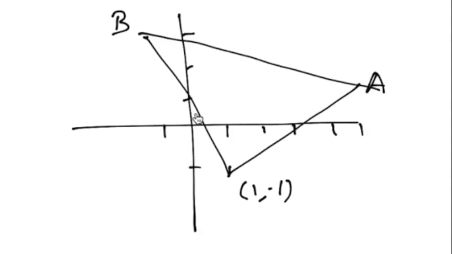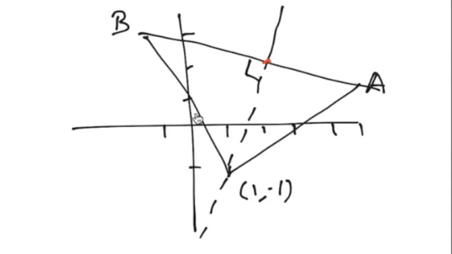We know that the midpoint of A and B is also on this line, because the line intersects AB at a 90-degree angle, which is how distance is measured. So if we just find the midpoint of A and B, then we have both of our points.